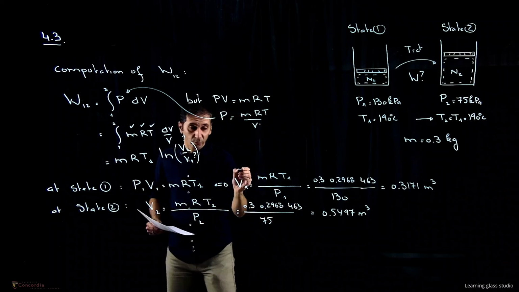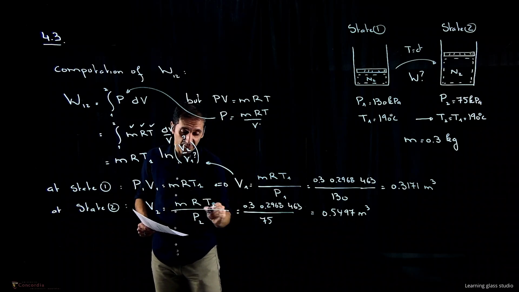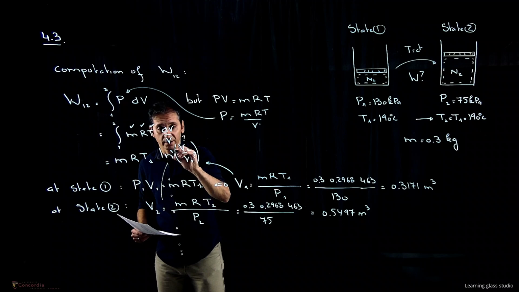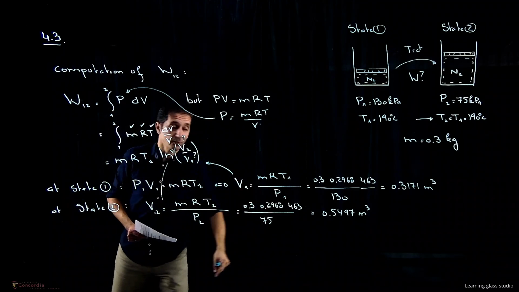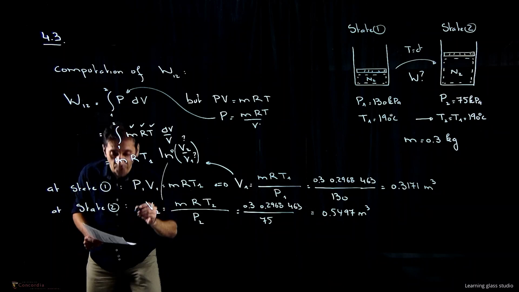So now we just plug this one here. We plug this one here. We have the mass, we have R, we have T1, 463. So this will give us directly the work.